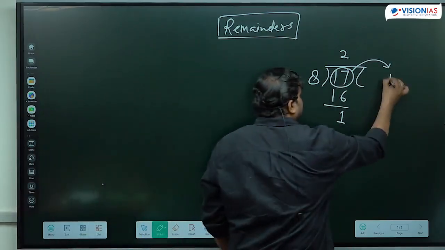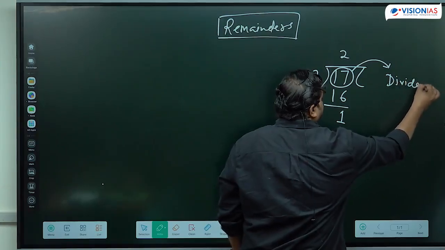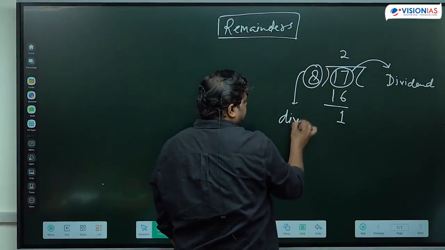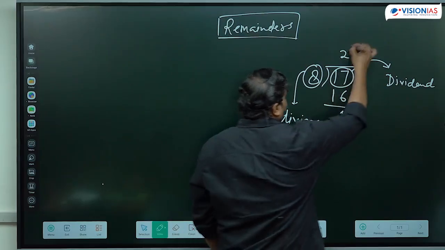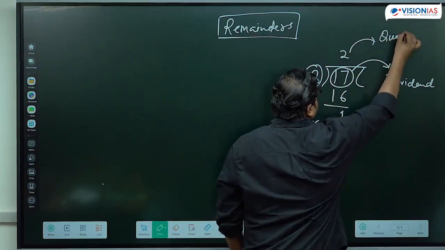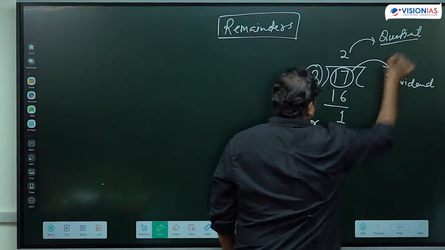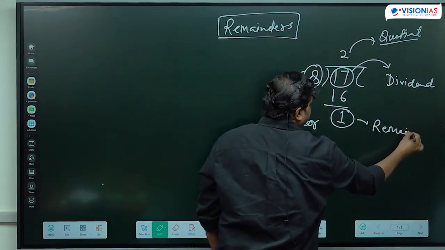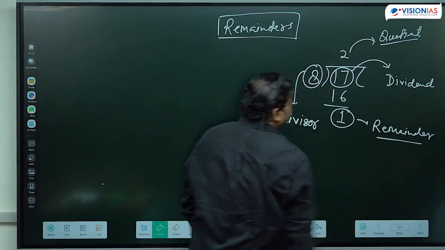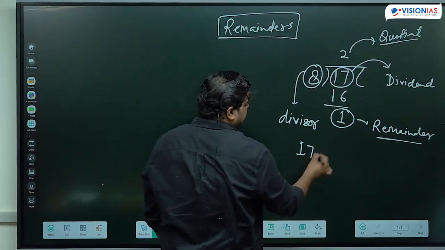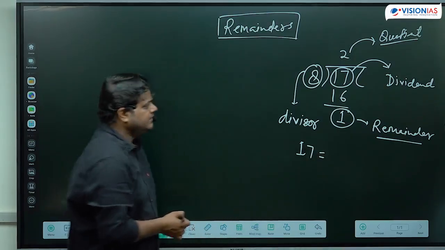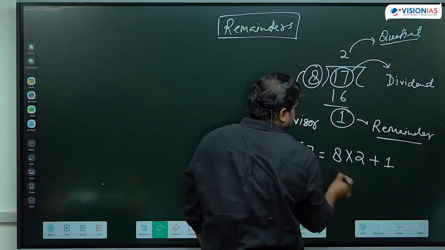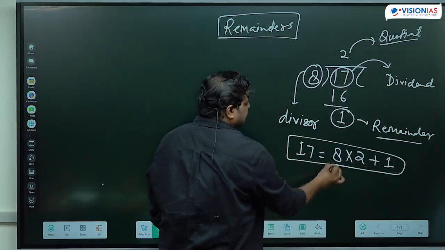Dividend. This 8 को what we say? This 2 को what we say? Quotient. 1 को remainder. That means this number 17 is equal to, how we can write? 8 into 2 plus 1.